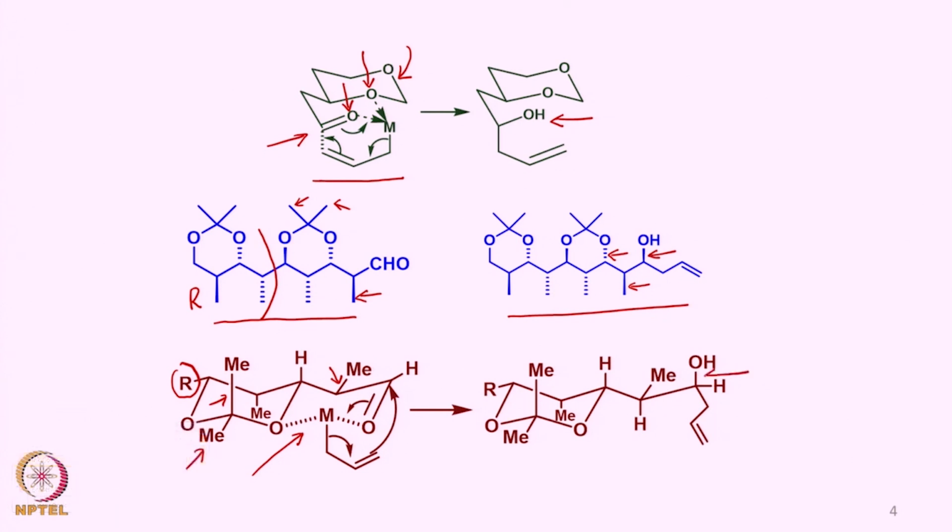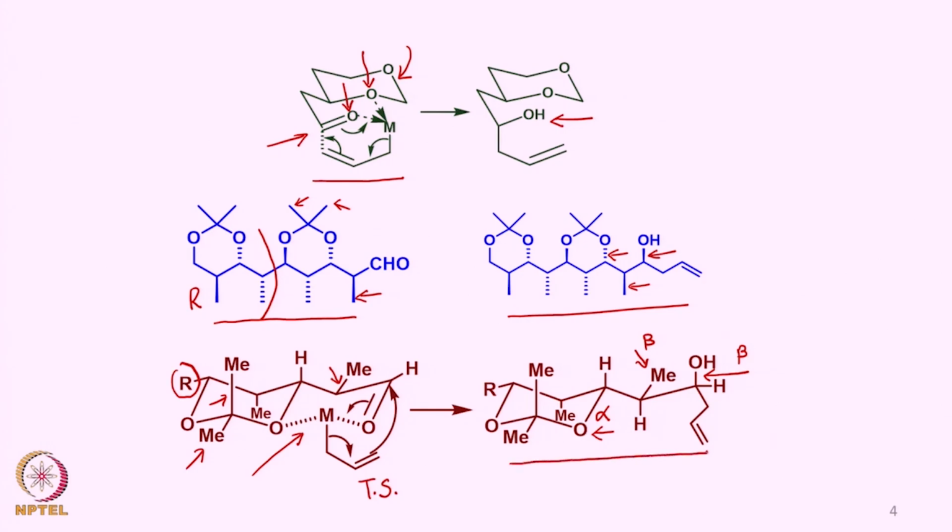Upon transferring of the allyl group from the lower side, the OH group becomes on the top side, which is the beta side, and this is also already a beta side, and this is coming as an alpha side. So, this is alpha oxygen, that is, this particular carbon-oxygen bond is alpha oriented. So, this is the stereochemistry that is expected, and the transition state is this, which leads to the formation of this particular product.